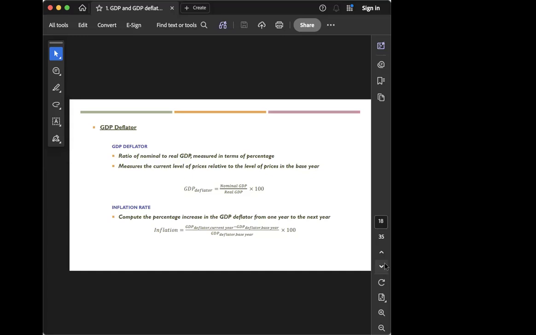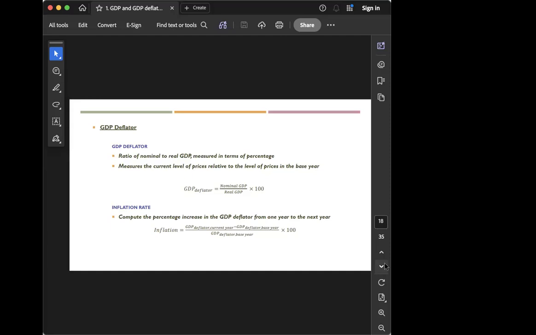So if the GDP deflator is 100, that means prices are the same as in the base year. If the deflator is over 100, suppose 150, that means the overall price level is 50% higher than in the base year.